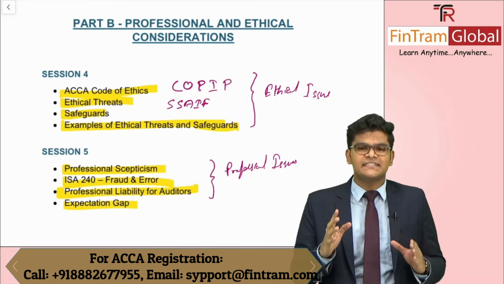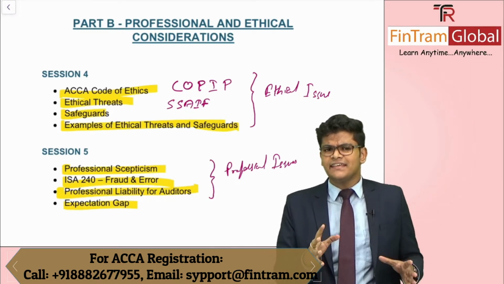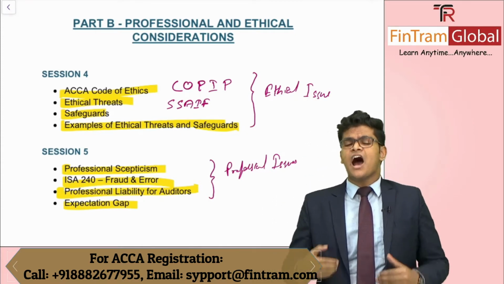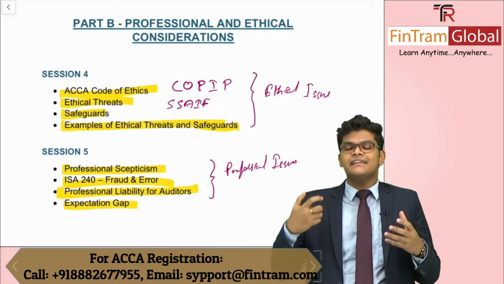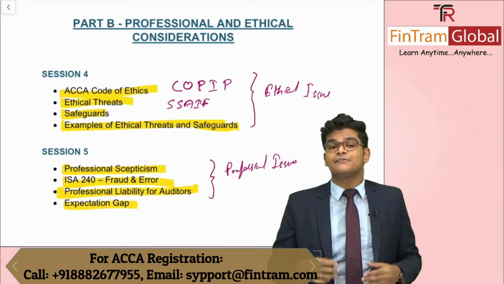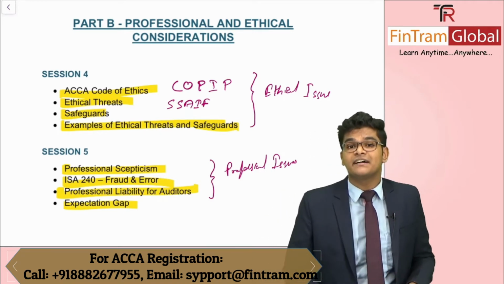However, what you have to understand here is that ACCA has a peculiar method of testing these topics in the exam, and our objective here is to learn that particular technique and prepare a strategy of our own so that we can tackle those questions easily and score easy marks in the exam.